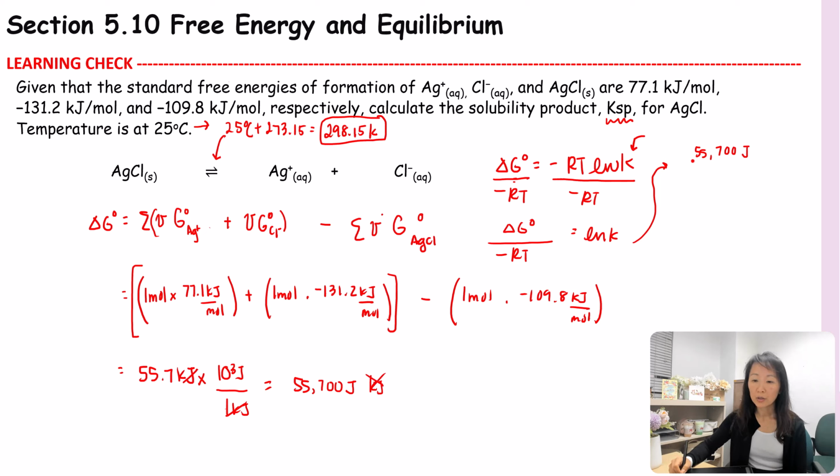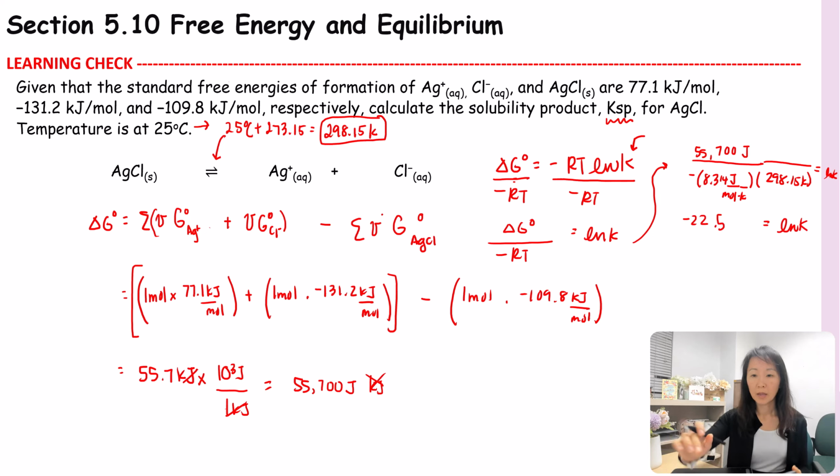Joules all over negative 8.314 joules per mole K. And then you multiply by the temperature, which is 298.15 Kelvin. Okay, and that will give me ln of K. So if you were to calculate on this side of the equation, try that and then come back just on that left side. Should get negative 22.5.